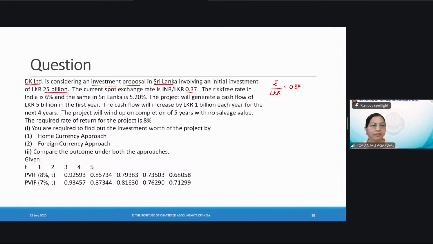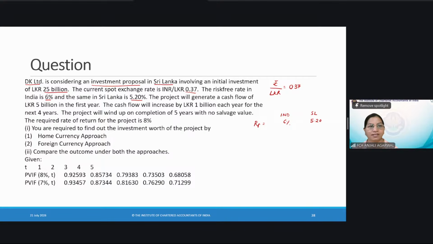The risk-free rate in India is 6% and in Sri Lanka it is 5.20%. The project will generate 5 billion in the first year and the cash flow will increase by Sri Lankan rupee 1 billion each year for the next 4 years.